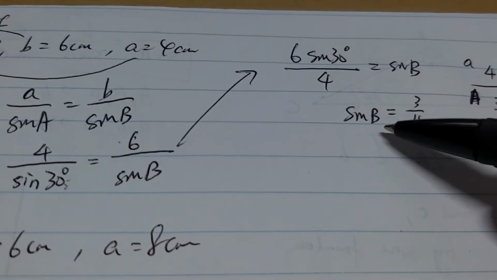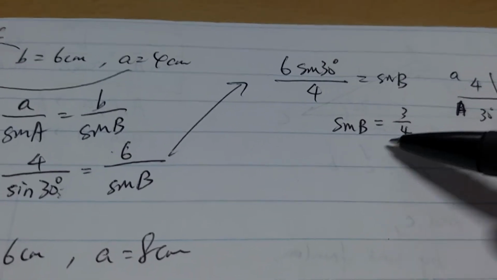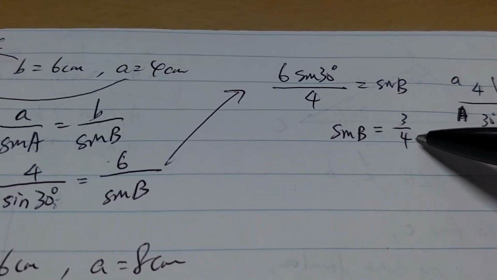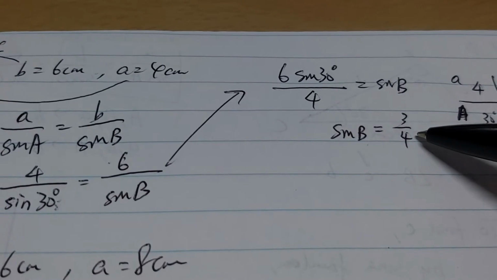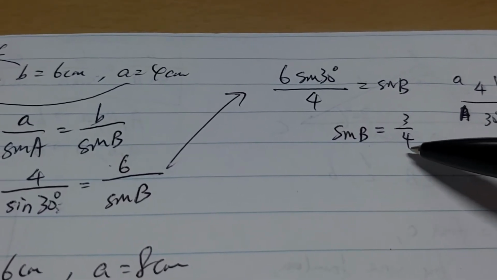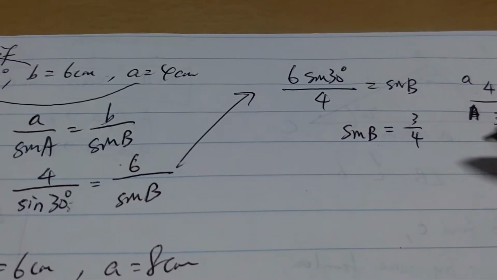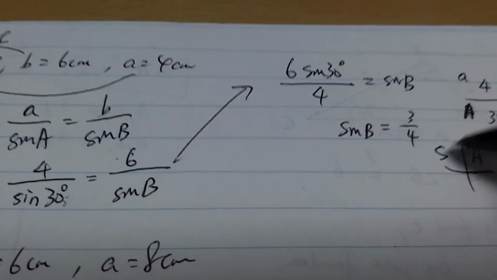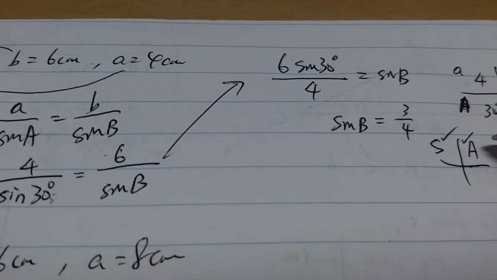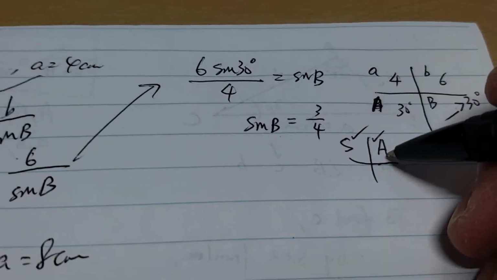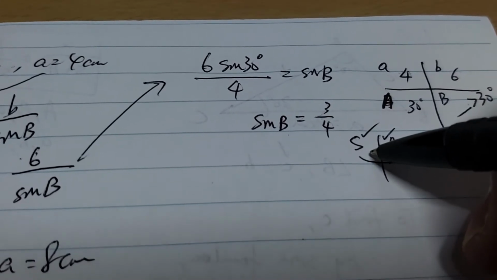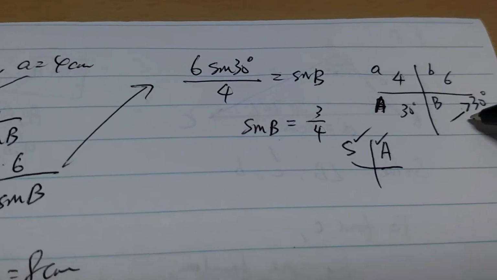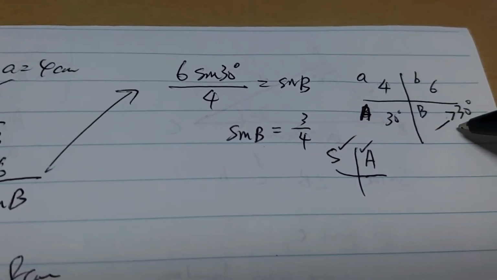Now, let's solve this problem. For sine theta equal to 0.75, how many results can we get? For sine positive, we can have this acute angle. Can we have this obtuse angle? Any angle bigger than 30 degrees must be accepted.